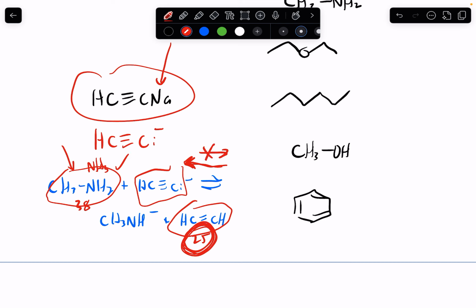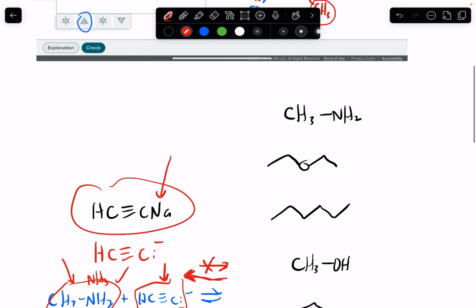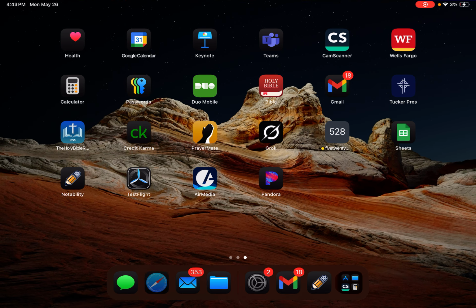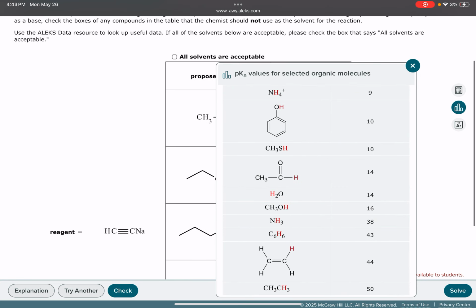It's not going to go that way because the pKa of methylamine is higher than the pKa of the conjugate acid of this base. That's what we're talking about, okay? So we go look up the pKa of this. This is 38. The pKa of this is 50, right? Because that looks like, watch this, let's go back over here, that hexane looks kind of like this ethane down here at the bottom, which is 50, right?